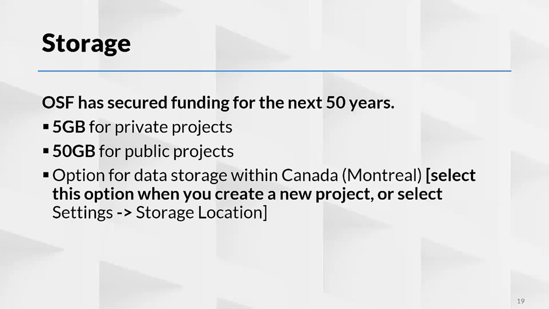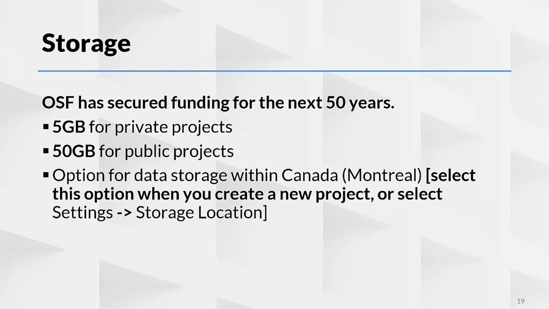So the Open Science Framework has funding for the next 50 years for storage capabilities. So that's already guaranteed. They have a couple different options. They give you 5 GB if your project is private.